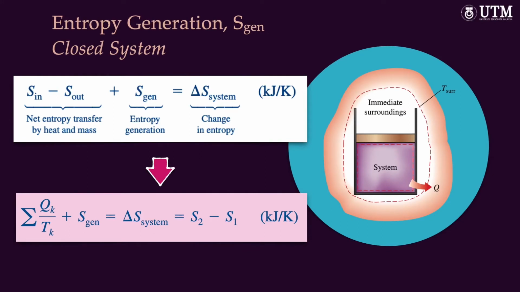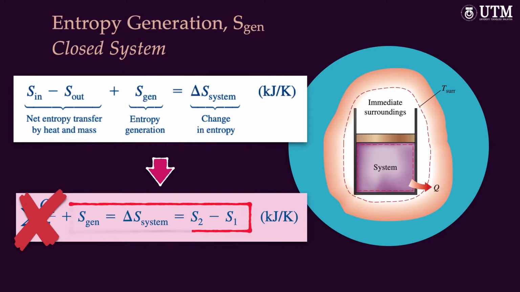For an adiabatic process where Q equals 0, the entropy transfer term in the relation drops out. The entropy change of the closed system equals the entropy generation within the system boundaries.